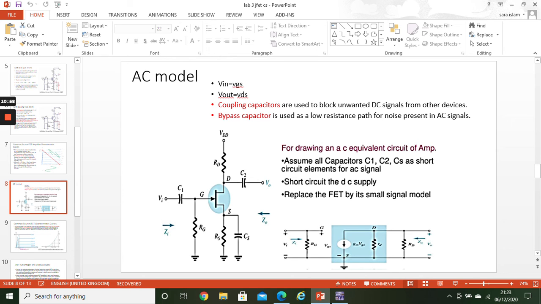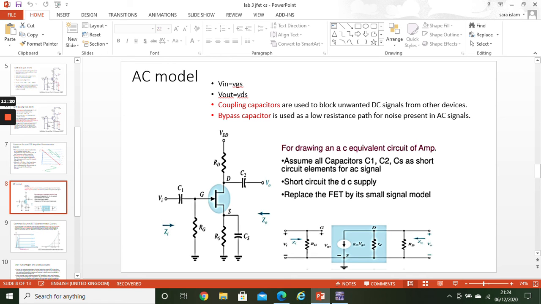So you are using these capacitors. Plus this bypass capacitor provides a low resistance path for noise present in the AC signal, so it is used for blocking AC noises.